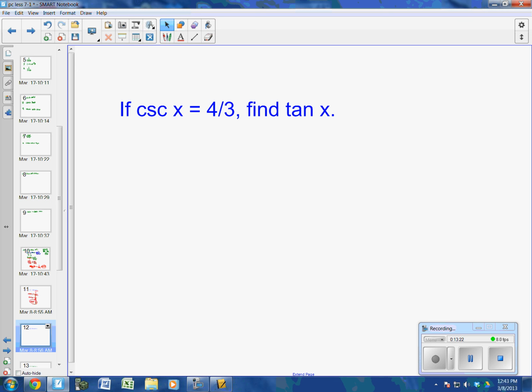Which identity has a cosecant and a tangent? Andrew's got it. Anybody else? Okay, Sean's got it. I think there's only one. Well, there's a couple versions of it. Which one is it? Yep, the Pythagorean identity. What does it say?